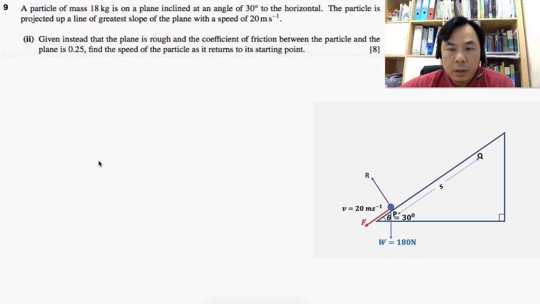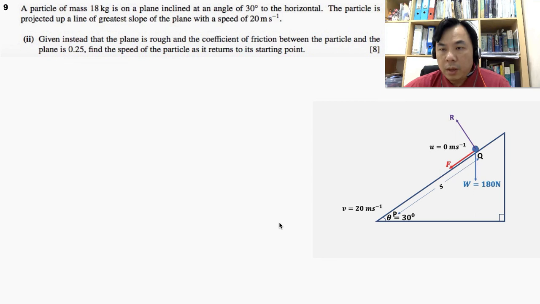So as we know the particle is moving upward, the frictional force will be acting in the opposite direction to the motion itself. Now, this is how it actually looks like. First of all, there are two stages here. The first one is going to move up. The frictional force is acting downward. Okay. Now observe closely.